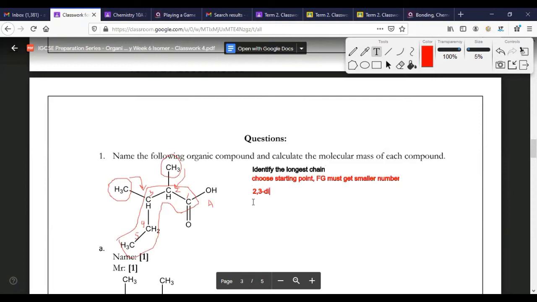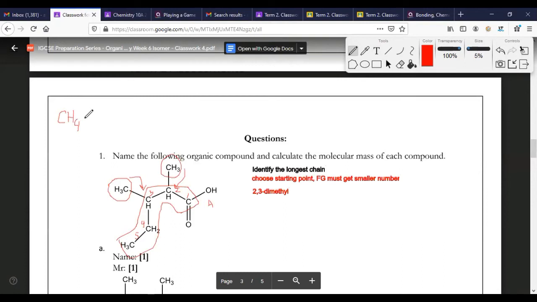And then what's the name? The name of the branch is methyl. Why is it methyl? This is very simple. If you notice the name of the first four family of alkane, it starts with CH4. It is methane. And what we have here as a branch is CH3.